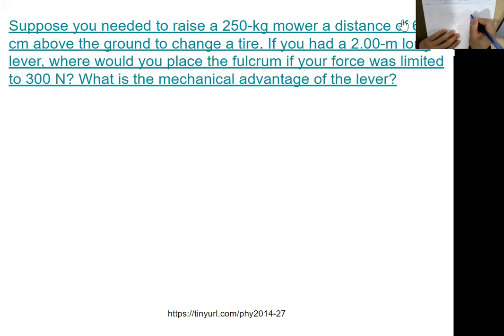So let's say you have a lever arm, something like this. So you probably have your mower at one end over here. Now the question is, where is your pivot point?